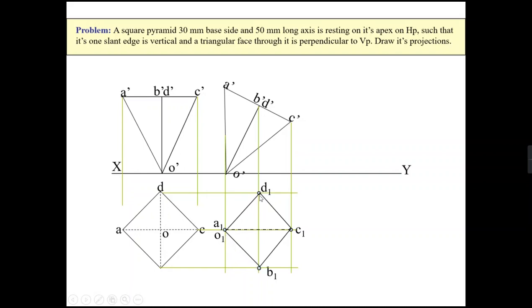Means this line is showing a triangular face. So here we are making this line perpendicular to the XY line, and with respect to this line we are marking other points. Then we will draw the vertical lines from the top view and horizontal lines from the front view. Then we will get the final front view of the solid.